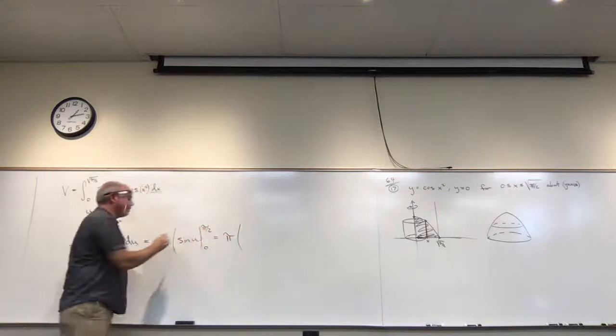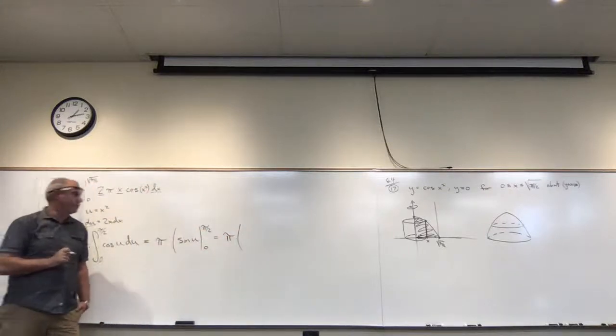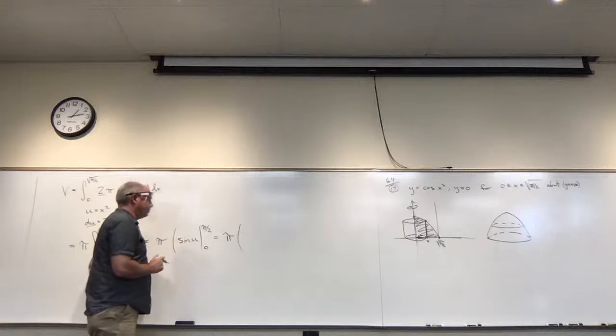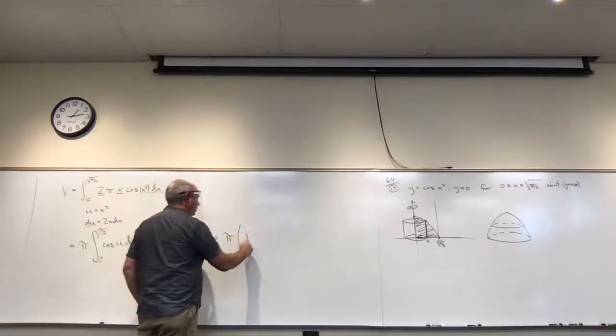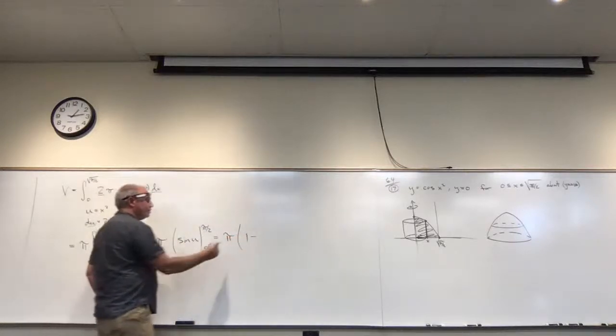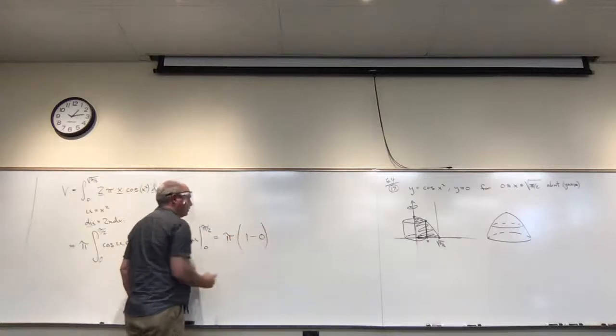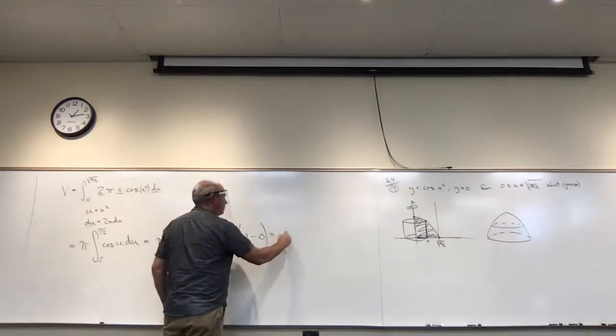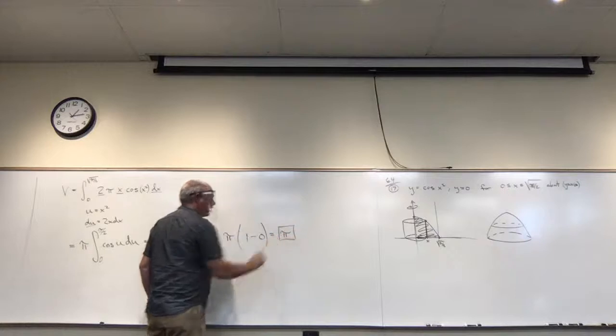And then we plug in the pi over 2. Sine of pi over 2 is what? 1, minus sine of 0, which is 0. And we are just left with pi.